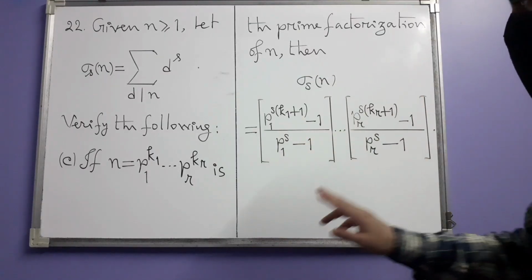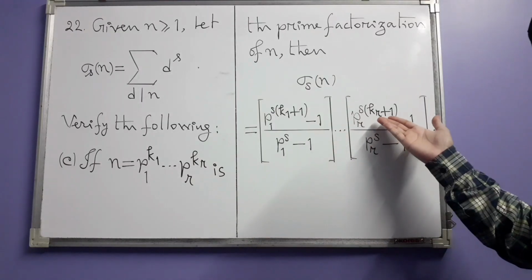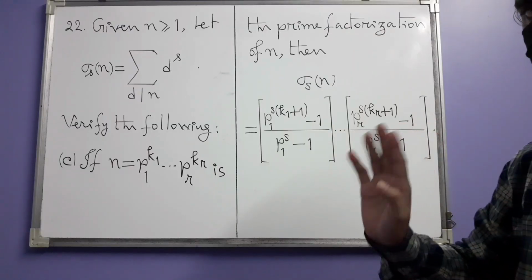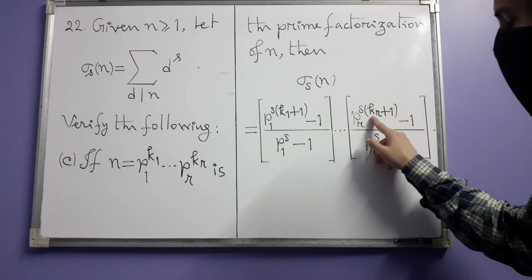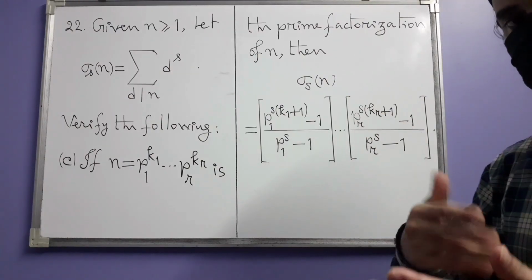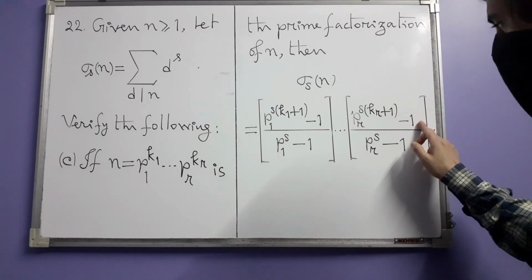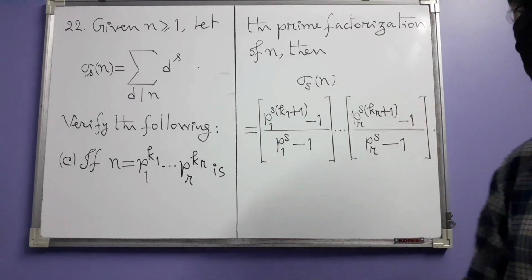Similarly, the one corresponding to the last prime pr is pr to the power s times kr plus 1, minus 1, divided by pr to the power s minus 1.